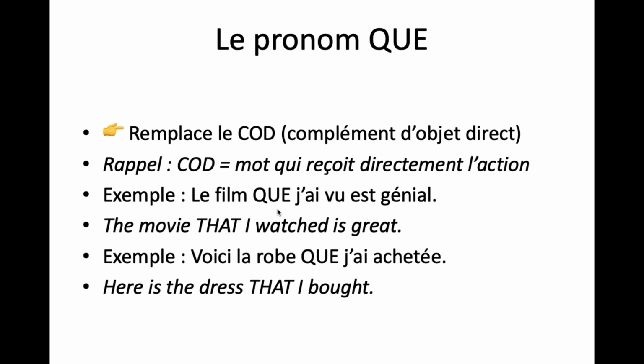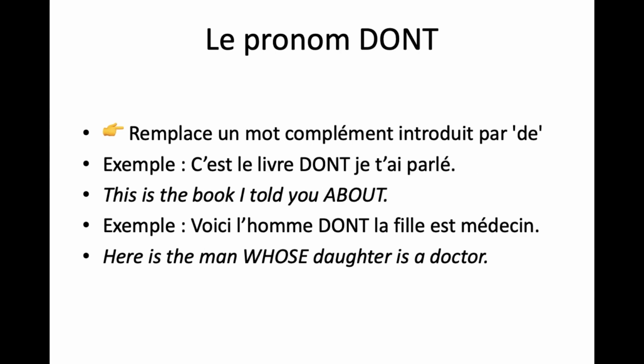Since it's a verb where you have to put a complement directly after, you have to put the pronoun que. In this case, parler, to talk, is a verb that allows a preposition after, so it's correct to put the pronoun dont, because it introduces a complement that begins with the preposition de.